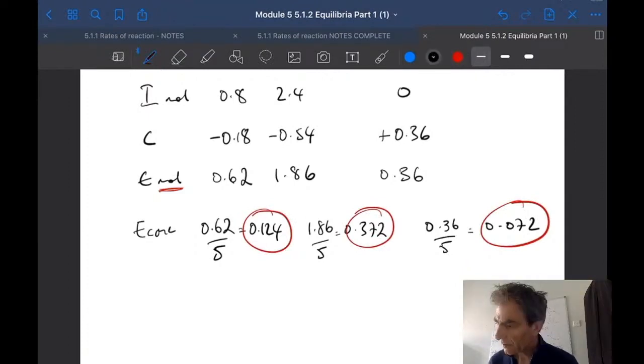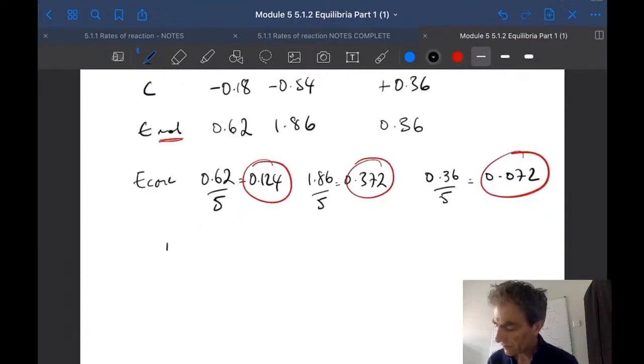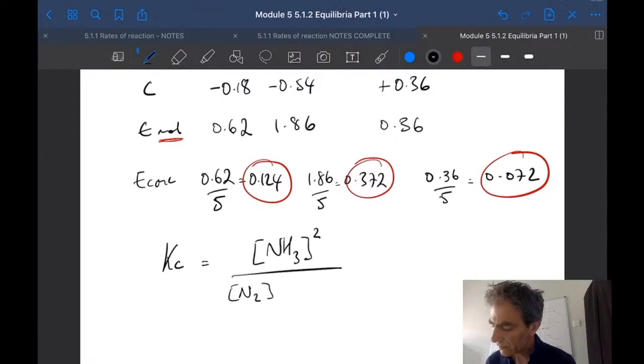Okay, so now we write the Kc expression. Kc equals, remember these are concentrations, so we need square brackets, [NH3] squared, because it's balanced with a 2, over [N2] times, not plus, I think I saw a plus in somebody's, [H2] cubed.